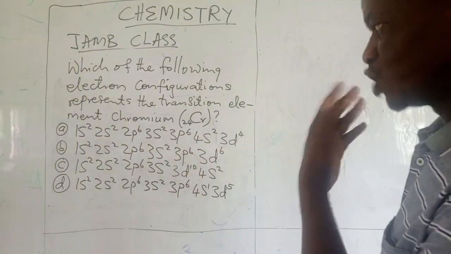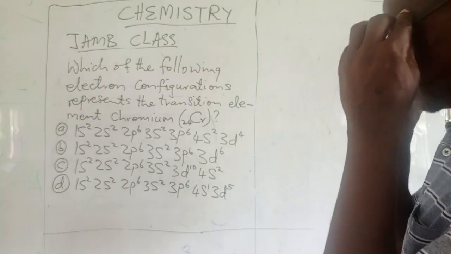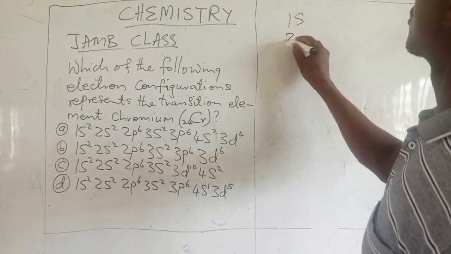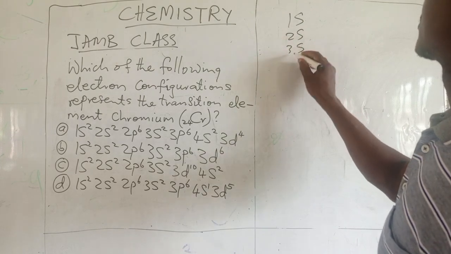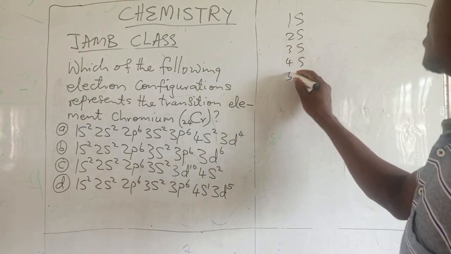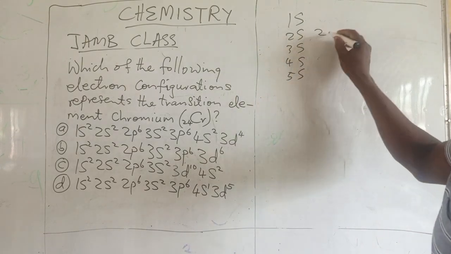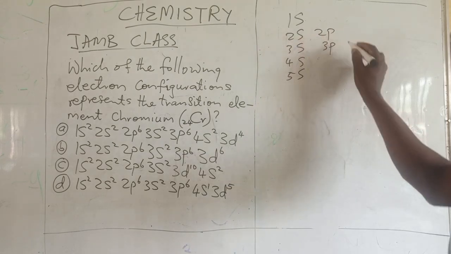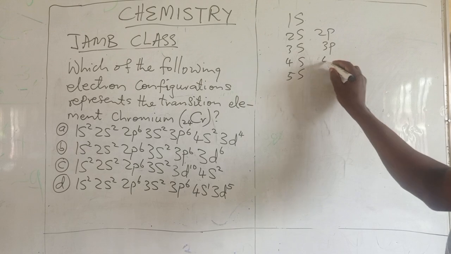Please go and check the Aufbau principle, where you have 1s, 2s, 3s, 4s, 5s, 2p, 3p. The 2s and 2p go together, 3 go together, 4 go together.